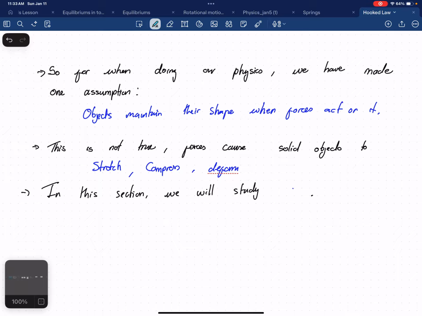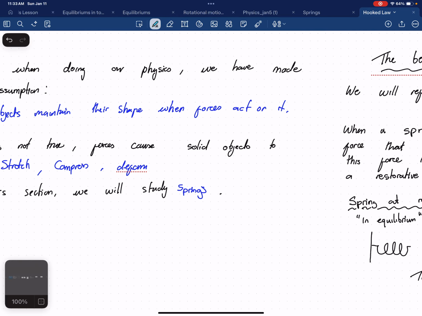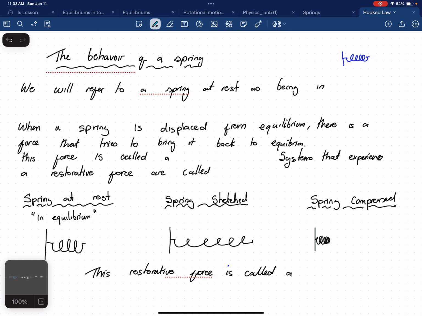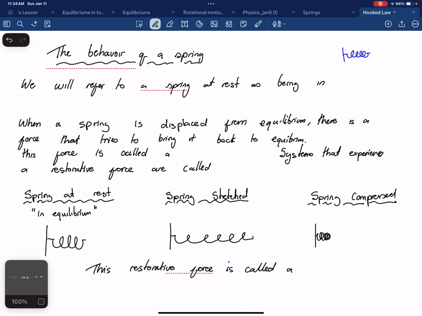The best way to analyze the stretching and compressing of an object is by studying springs. In this section, we'll study springs.